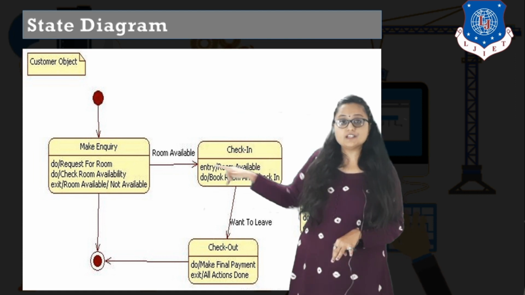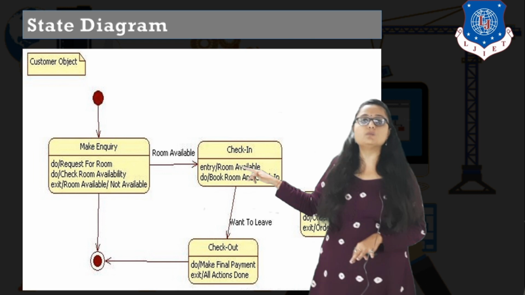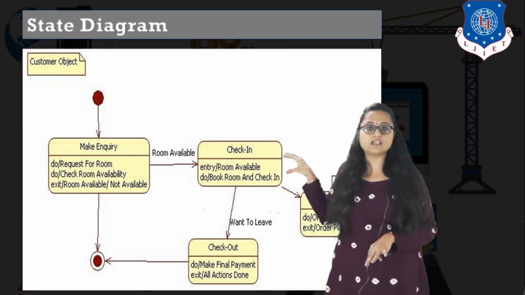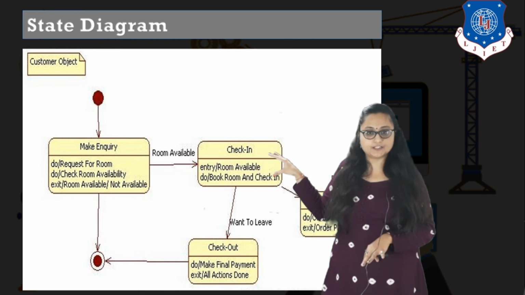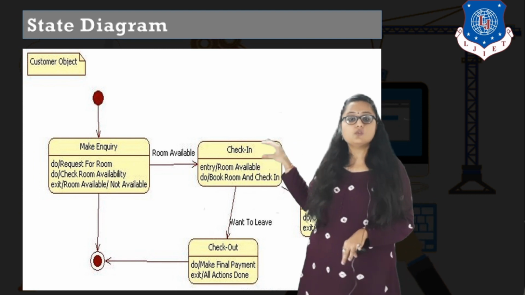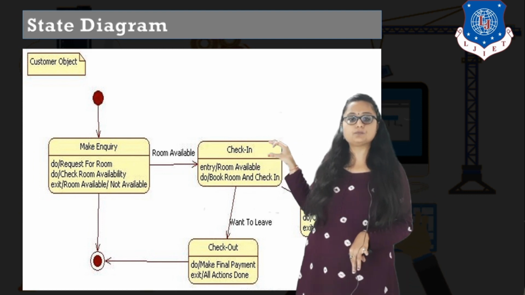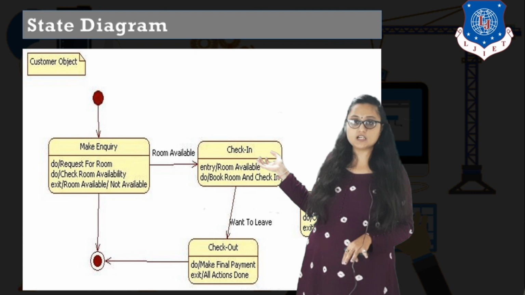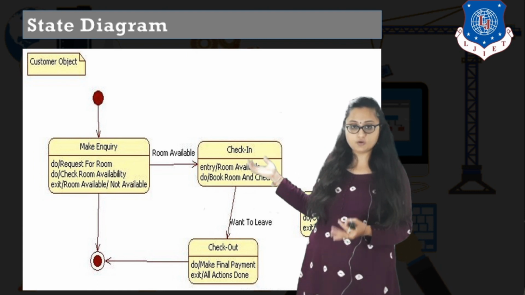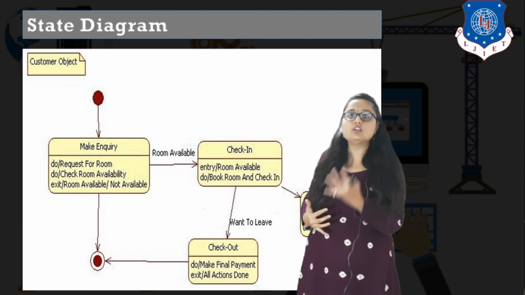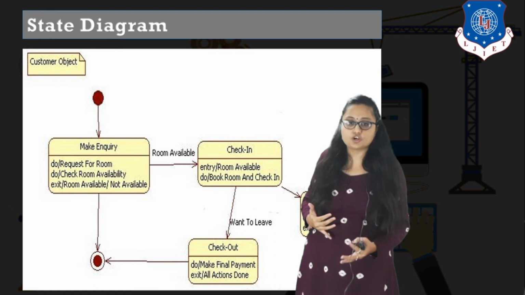So we will enter this state when the room is available, then only we can enter into the check-in state. Also, while you are in the check-in state, what are the activities that will be performed by you? That is, you will actually perform the check-in and book your room, right?